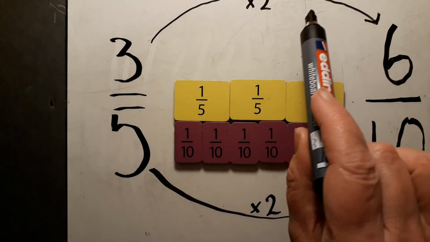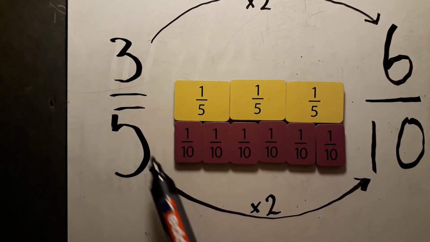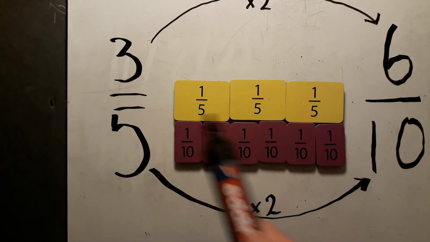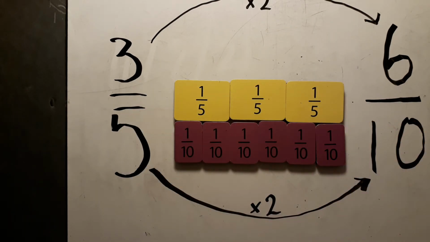Whatever happens with the numerator, we do the same thing to the denominator, and whatever happens to the denominator, we do the same thing to the numerator. That's the process, and if we can begin to see that change, it's going to help us a lot, because the White Rose sheets today go very deep, very fast.